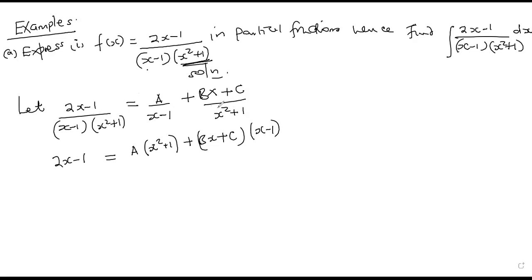You multiply this because you have taken the LCM all of it at once, then cancel the denominators. So the result is this.